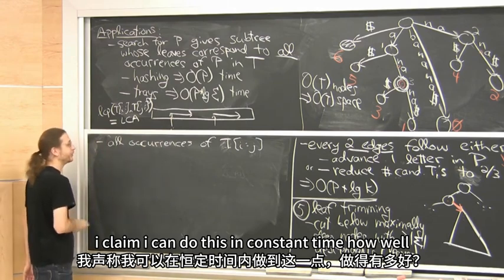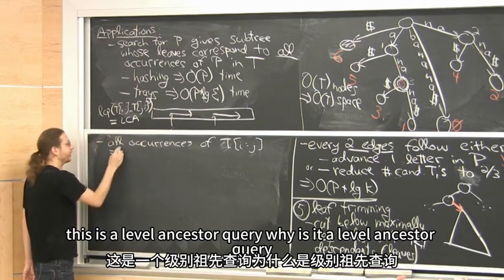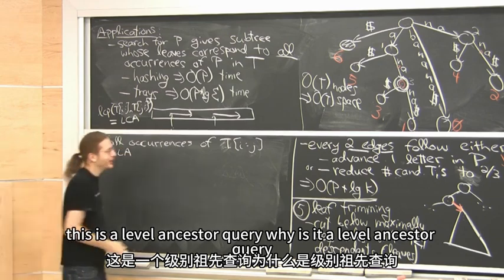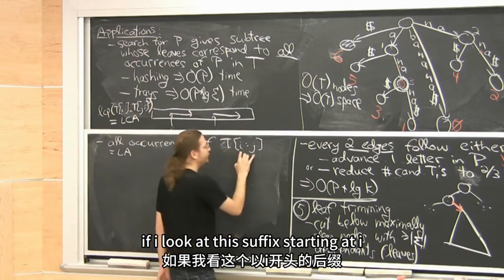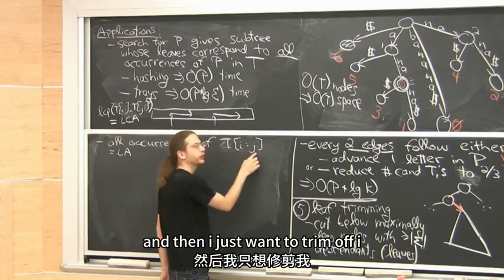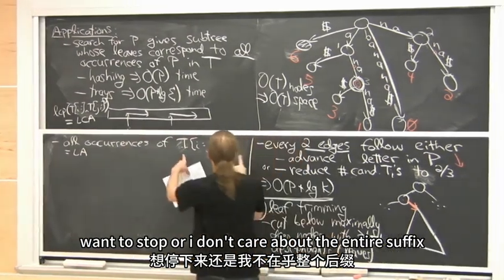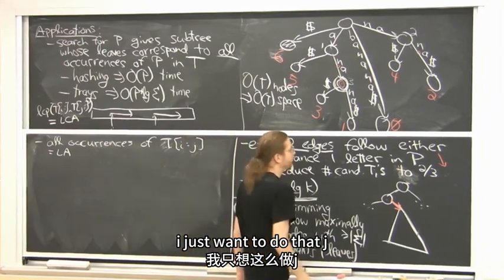How? Well, this is a level ancestor query. Why is it a level ancestor query? If I look at this suffix starting at i, and then I just want to trim off, I don't care about the entire suffix. I just want to go up to j.